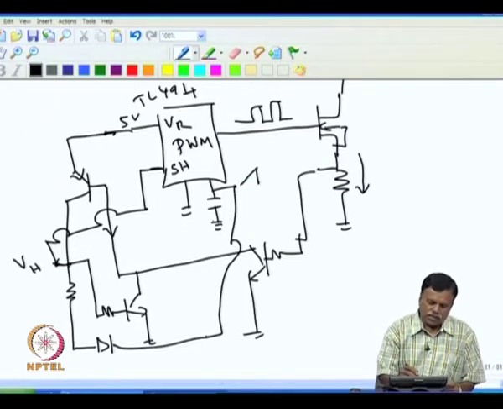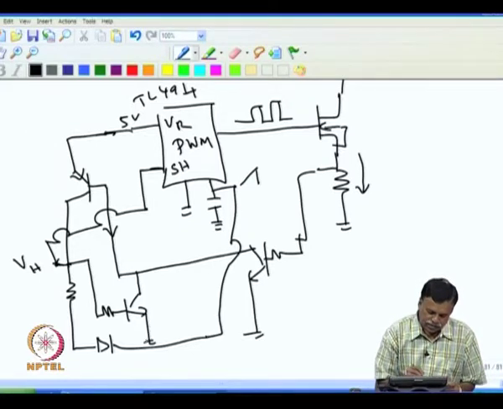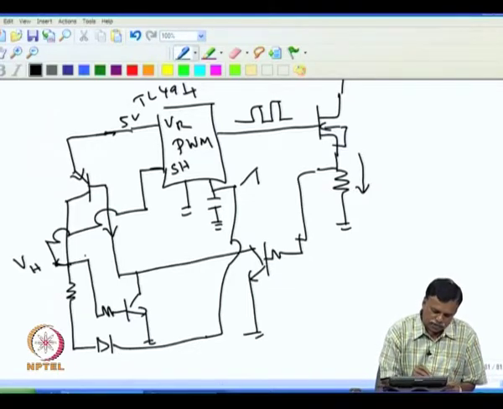When the current is low, this won't be conducting, and this voltage is also 0, and this is not interfering at all.